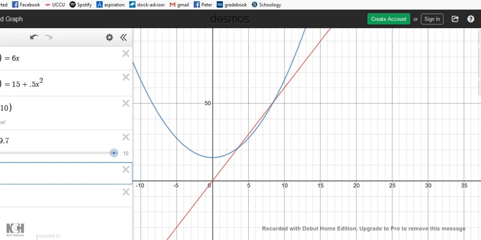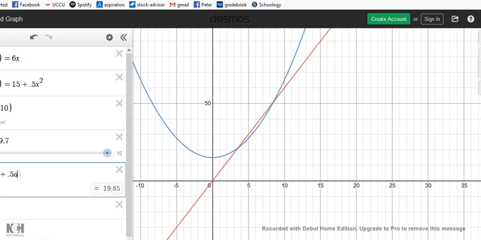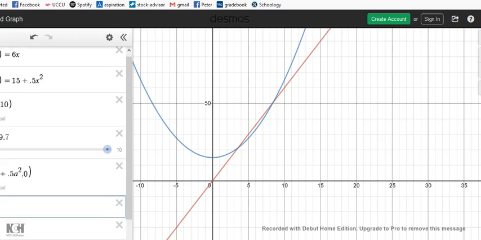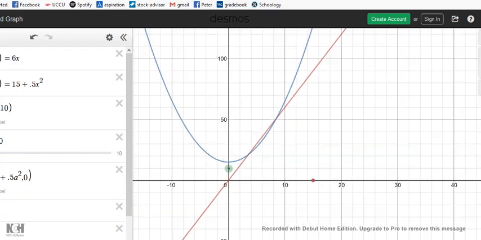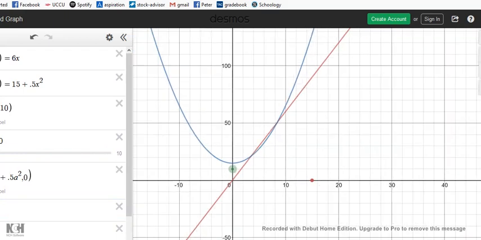Let's do parentheses 15 plus 0.5 a squared, comma 0. Notice how we have two dots. You have the green dot and you have the red dot.